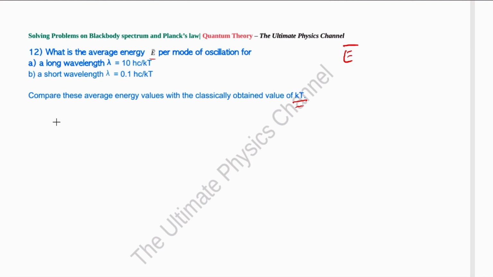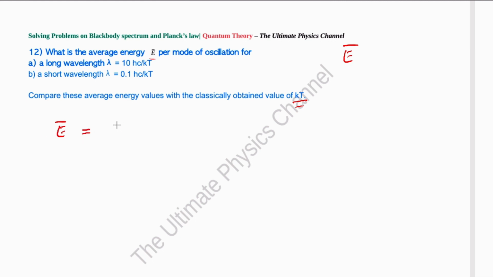In the derivation of Planck's law, we get the energy density. In order to calculate the energy density, we do two things. First, we calculate the number of modes in the cavity, then multiply it by the average energy per mode in the cavity. That is this E bar.